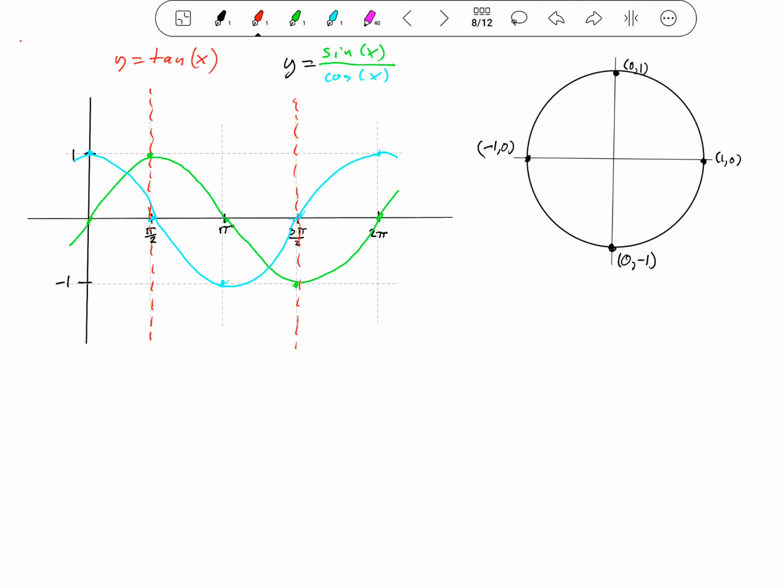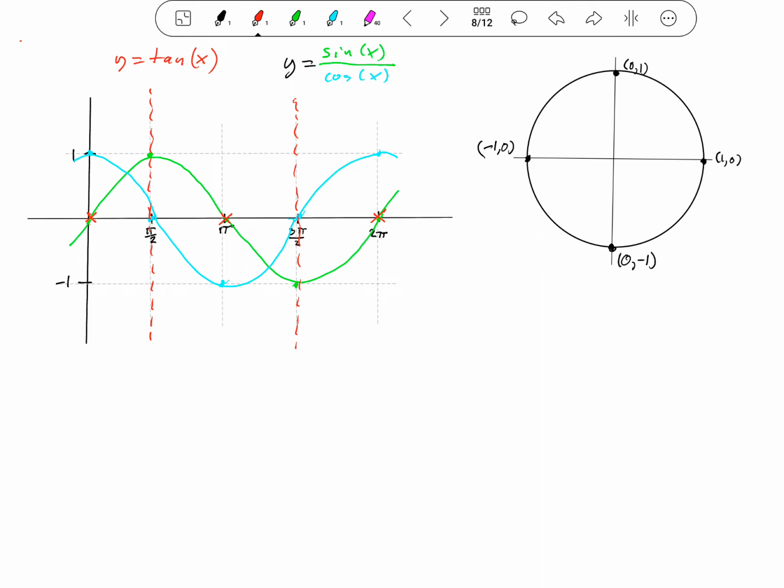And so if I've got my zeros at these points, and if sine x and cosine x are both positive, I'm going to be moving in the positive direction. And if they're equal to each other, I'm going to be at 1.